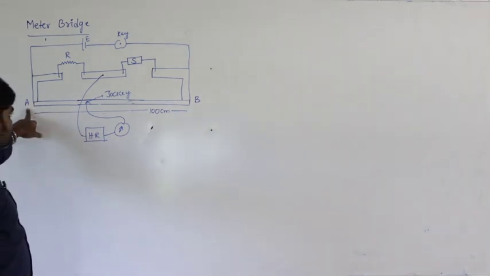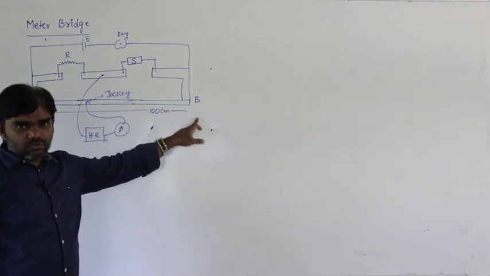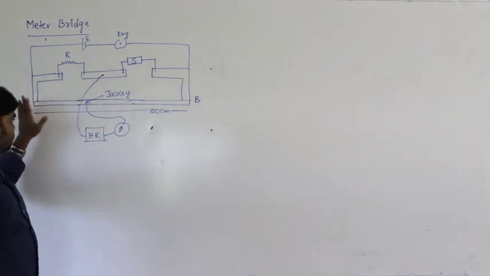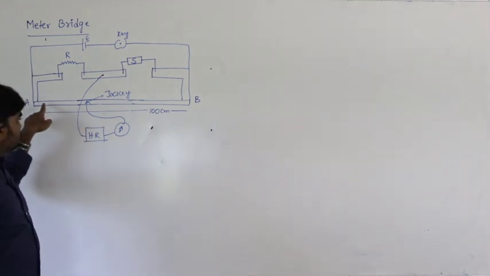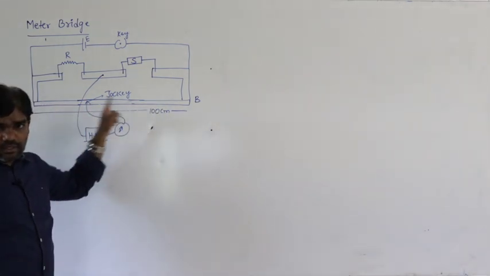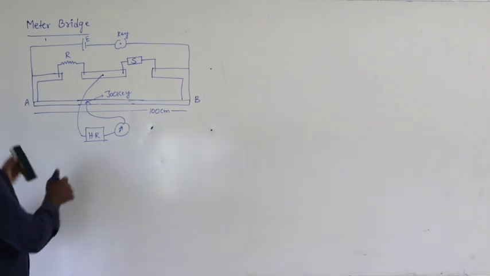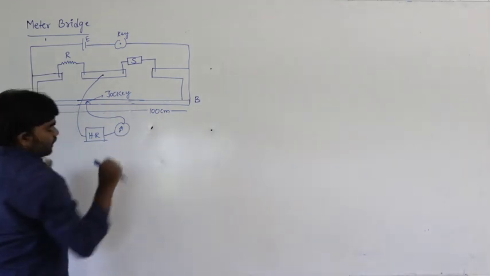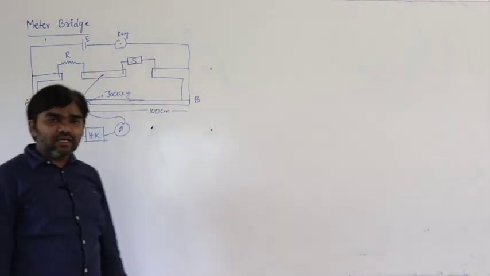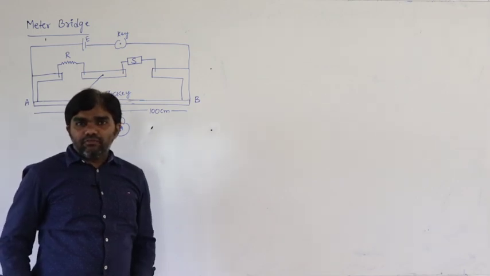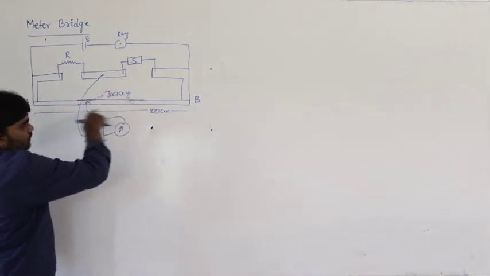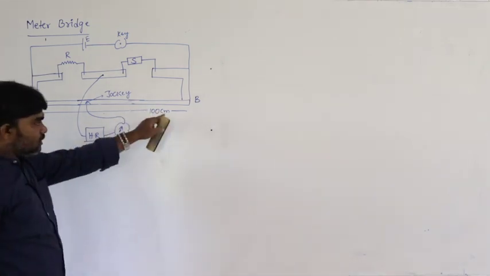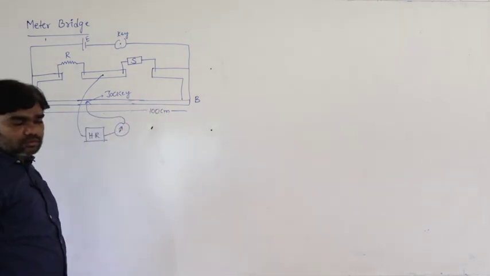So, the two terminals A and B are on the cardboard. A uniform wire is connected between A and B. The length of the wire is exactly 100 centimeter, and a 100 centimeter scale is also fixed on the wooden board.